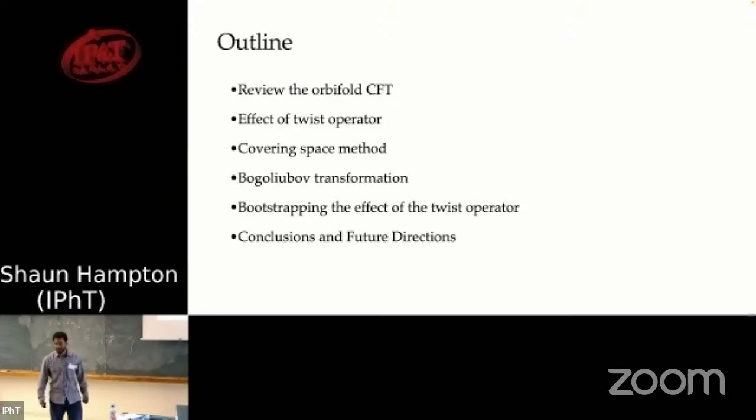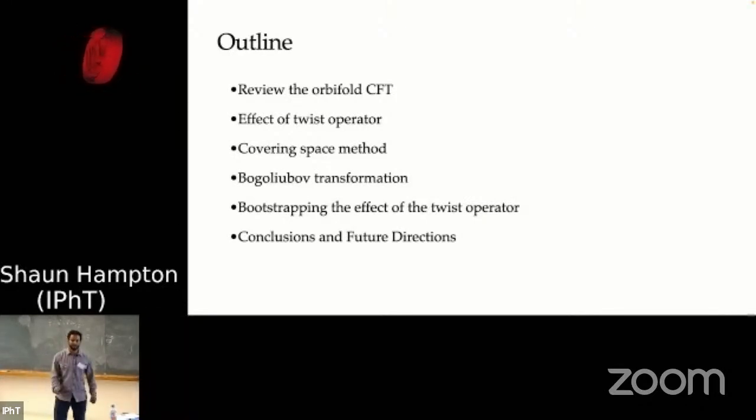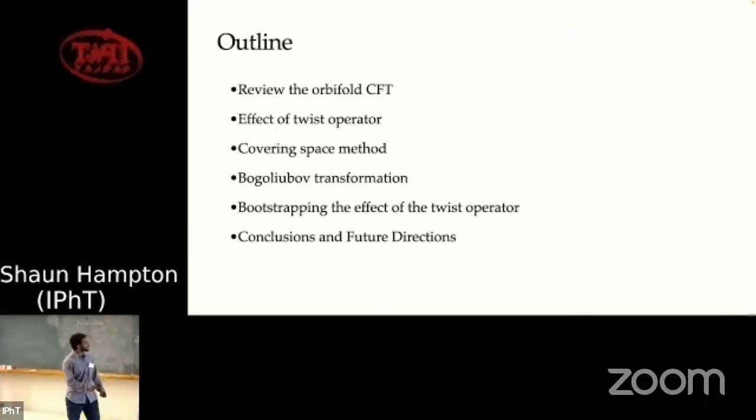Then I'll talk about the traditional methods by which quantities have been computed using the twist operator, the main way being the covering space method, dealing with covering maps. I'm only going to spend just a slide on this because I want to get to what we did recently.